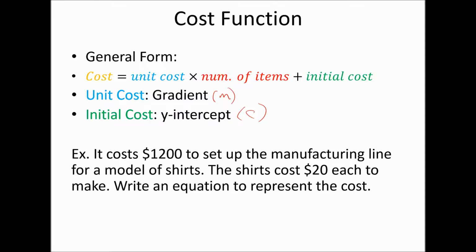Well, the equation here: 1,200 is our initial cost, so that's our y-intercept, and $20 each, that is the unit cost, m. So the equation becomes C, for cost, is 20 times n plus 1,200.